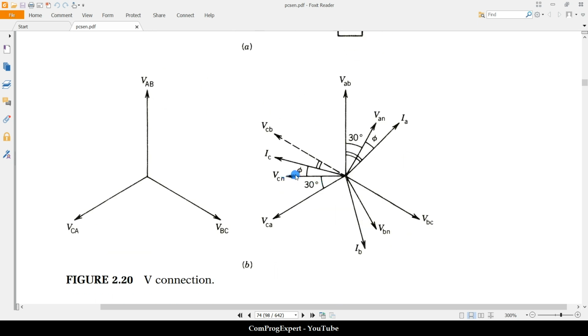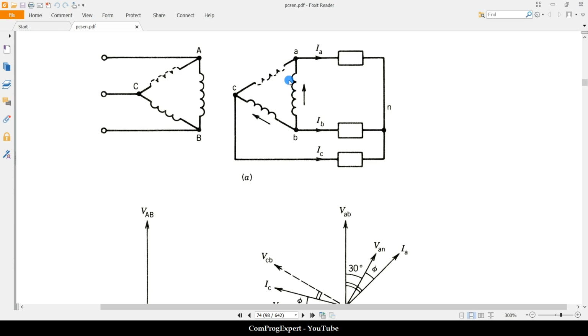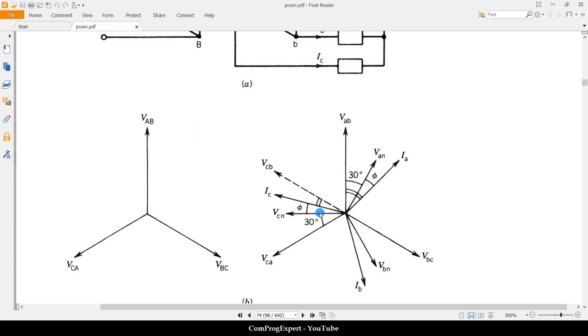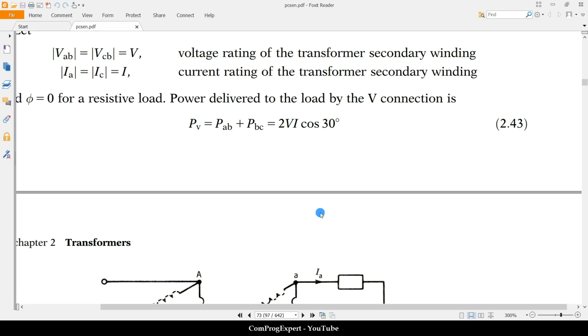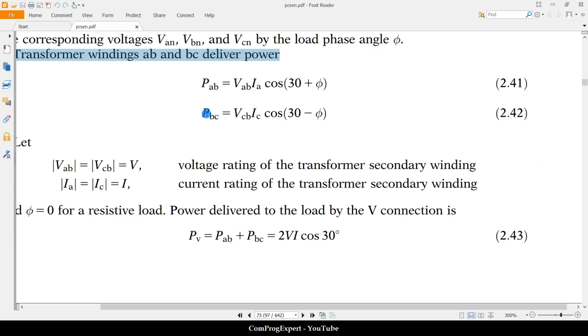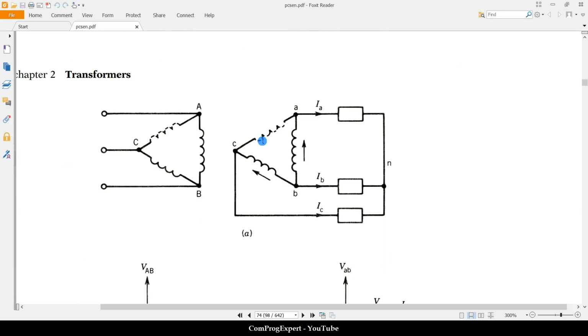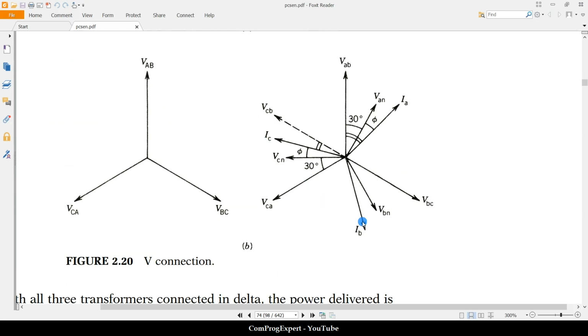So here we don't have any current. We removed this coil. We can write this equation PBC. What is the angle between VCB and IC? Here we have VCB, this voltage, and this is IC.